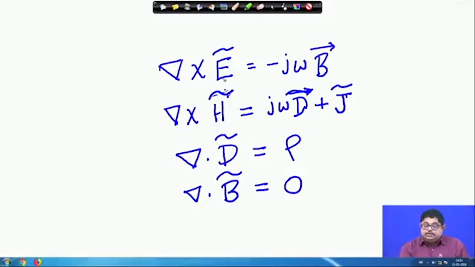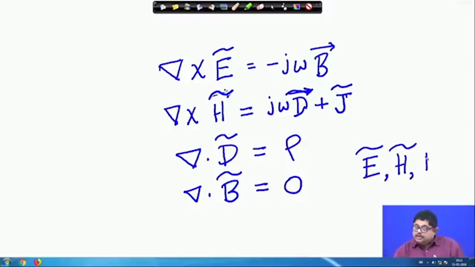So, if we know this, we want to find what is E and H everywhere, but here you see there are various quantities. We have E, the electric field, we have the magnetic field H, but we also have 2 more unknown quantities, one is D, another is B. This is the electric flux density, this is the magnetic flux density.